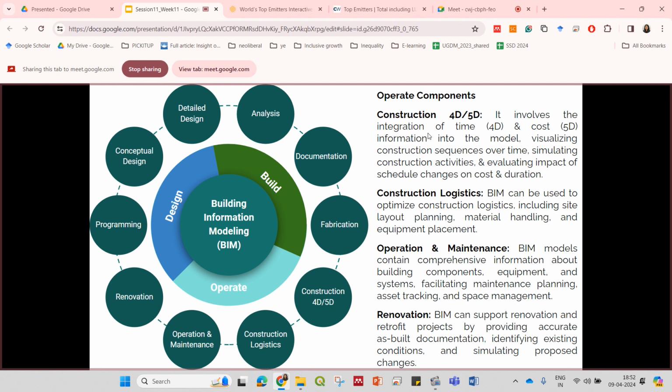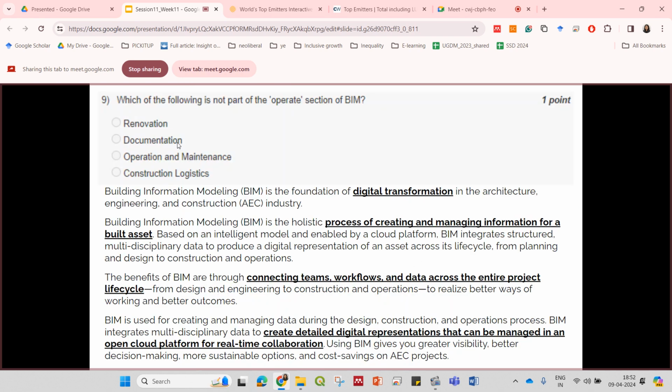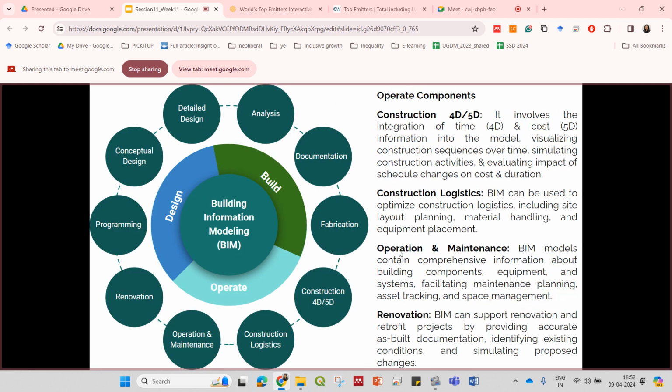The elements which are part of the operate component are construction 4D, 5D, construction logistics, operation and maintenance, and renovation. So you can see documentation is not a part of the operate section. However, renovation, operation and maintenance, and construction logistics are all part of the operate section of BIM. So I hope this is clear.